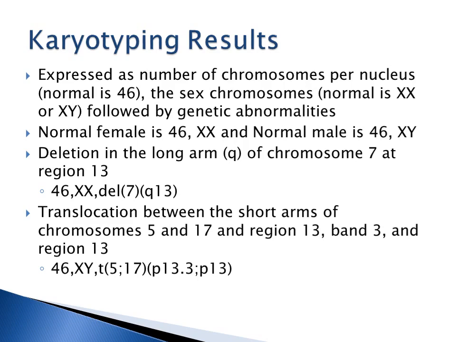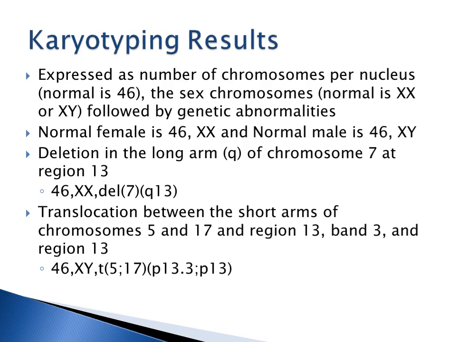So after you do your karyotyping, you want to write up the results. So karyotyping is expressed as the number of chromosomes per nucleus. So normal is going to be 46, followed by your sex chromosomes, and it's going to be XX if it's a female or XY if it's a male. And then you're going to follow that with your genetic abnormality.